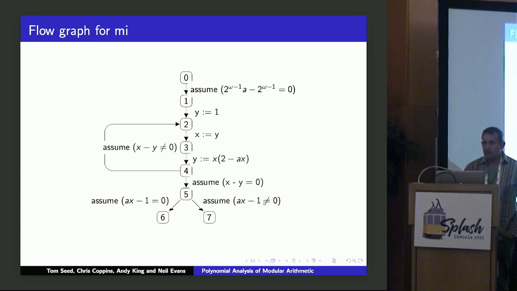Now, what we've done here is reduce the problem of verifying that AX equals 1 to a reachability property. If node 7 is not reachable, then the only path is to node 6, which tells us that AX has to be equal to 1. So that's the way we've reduced this to a reachability problem.